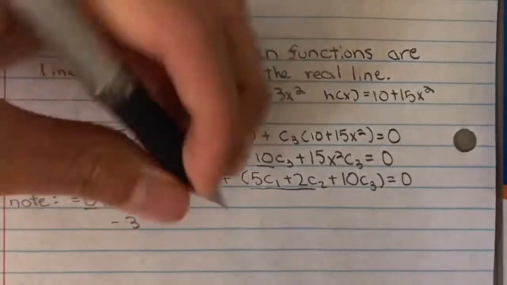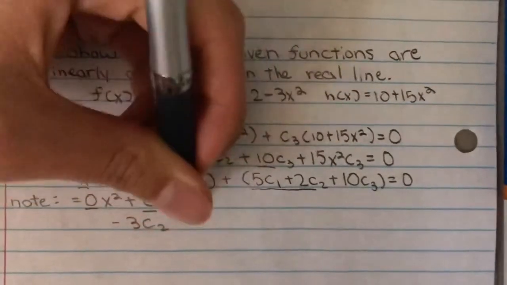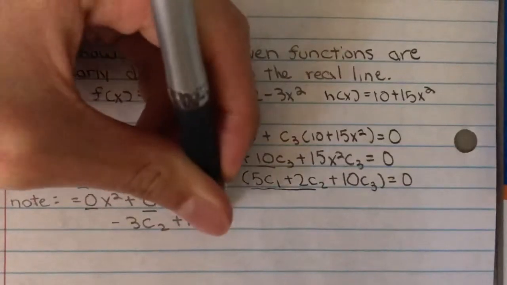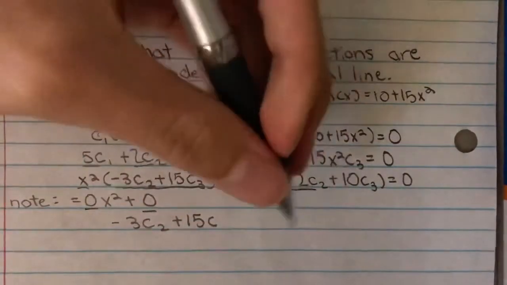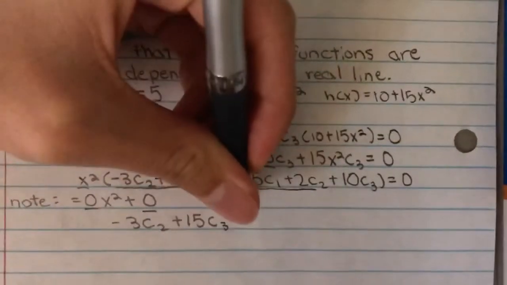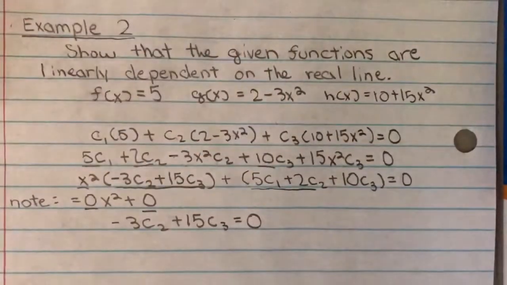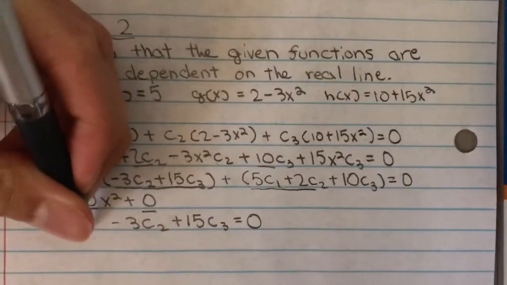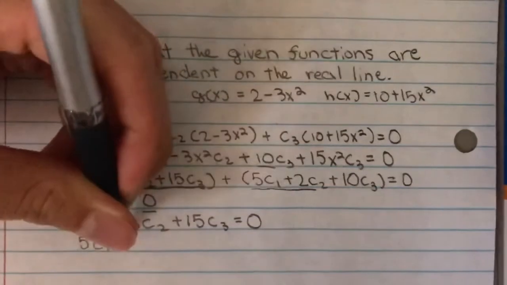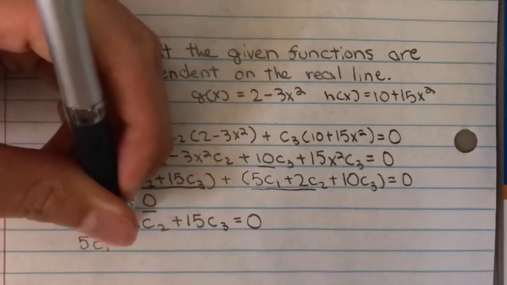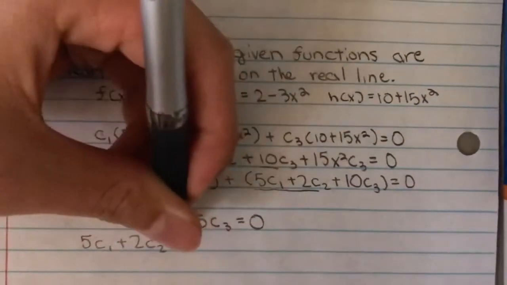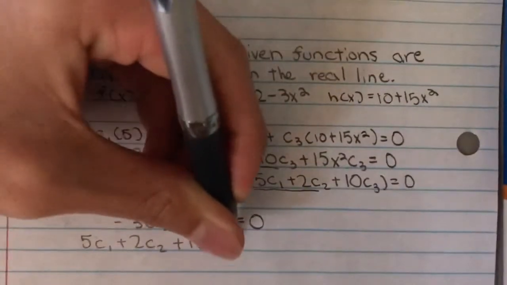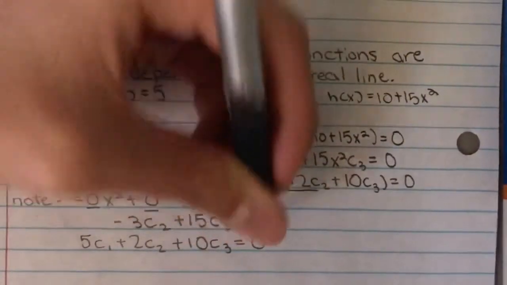So we're going to get a system of equations, which is negative 3 c sub 2 plus 15 c sub 3 equal to 0, and 5 c sub 1 plus 2 c sub 2 plus 10 c sub 3 equal to 0 also.